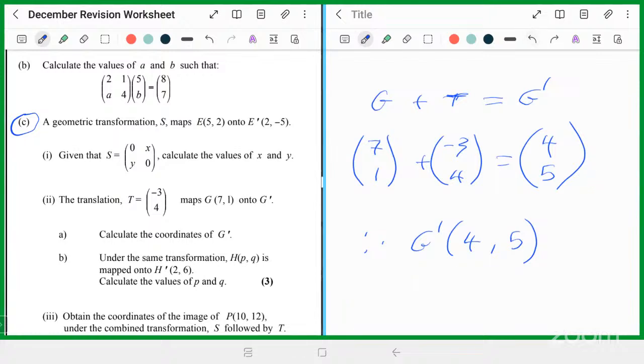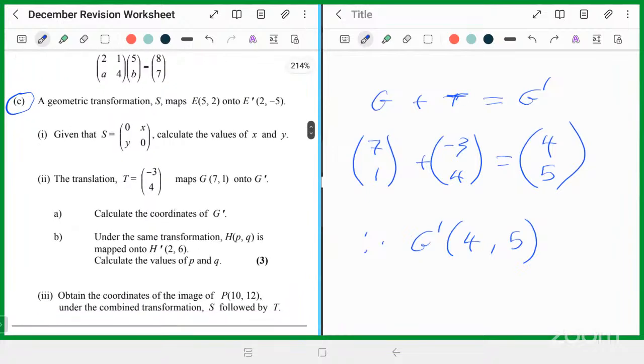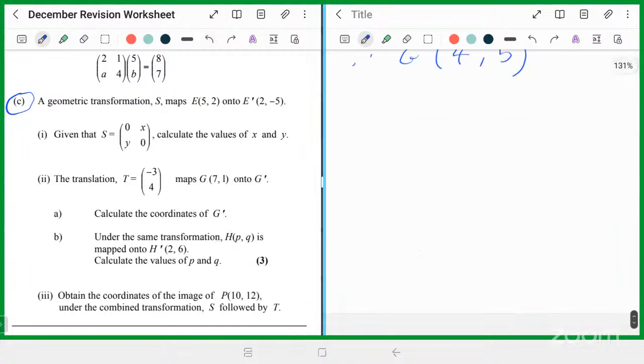Beautiful. Then it says, now under the same transformation, H, which is the point (P, Q), is mapped onto this. Under the same transformation, the translation, they want us to work out these values. So you can set it up again. It means that H plus T is equal to H prime. This question has so many parts centered on equality of matrices.